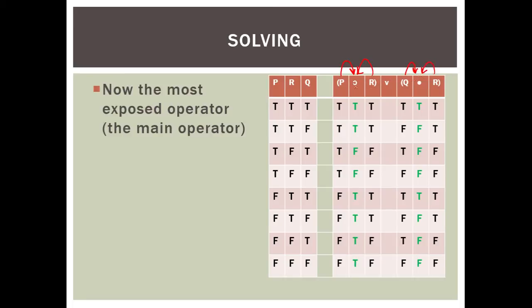They were most enclosed in parentheses. Our final step is to take the horseshoe that we solved and take the dot that we solved and use those two things to evaluate the wedge. So the left side of the wedge is going to be the horseshoe operator, and the right side of the wedge is going to be the dot operator.